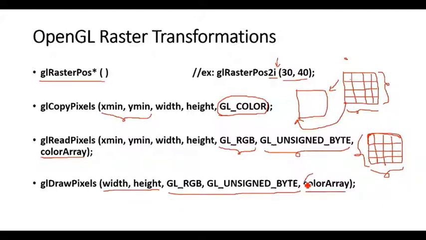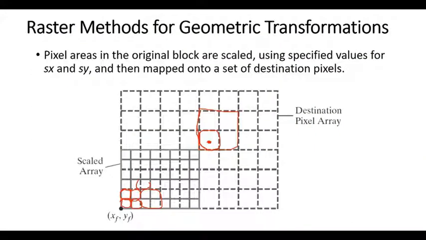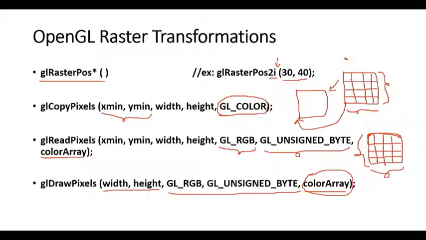The content of color array is copied into the current raster position of size width and height in the frame buffer. So these are the OpenGL raster functions that we would use in order to perform raster transformations or pixel level geometric transformations.